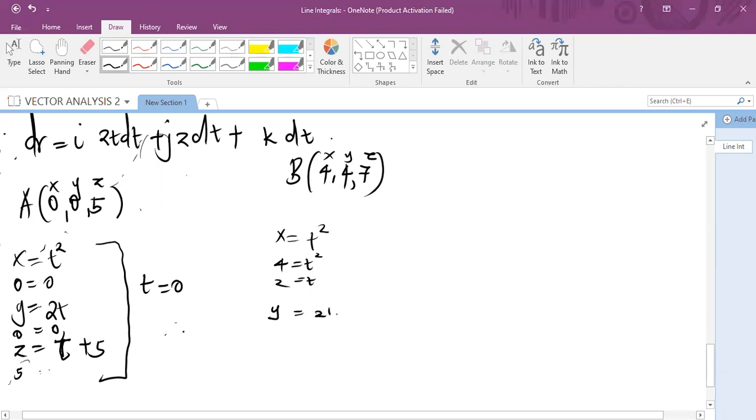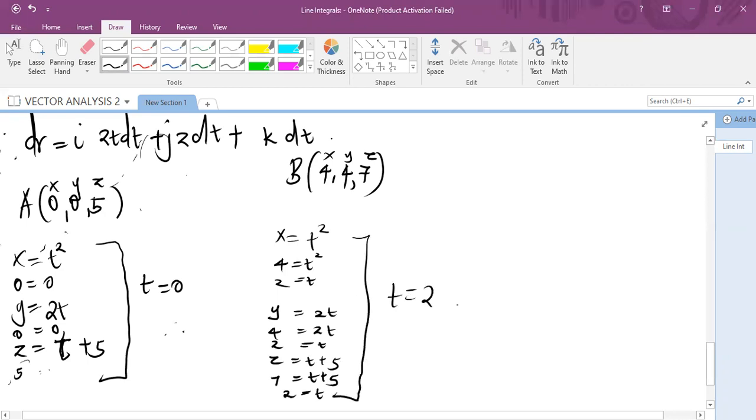Y is equal to 2t. So if y is 4, t will be equal to what? 2. Finally, z is equal to t plus 5. So if z is 7, what will be t? t will be equal to 2. So this just basically translates to t is equal to 2 as our limit.